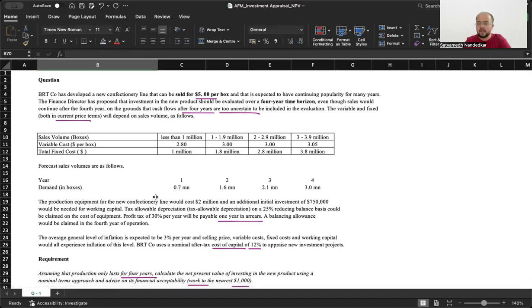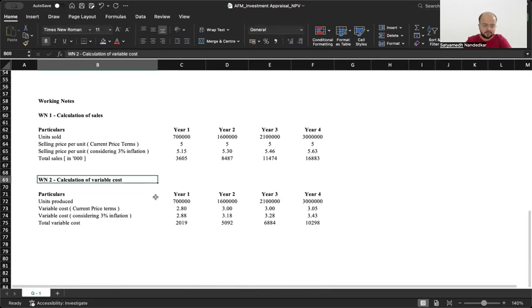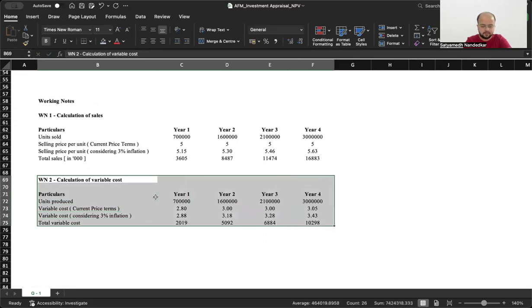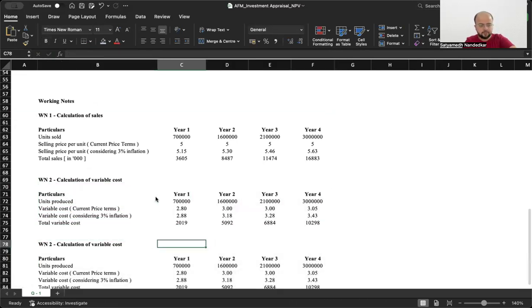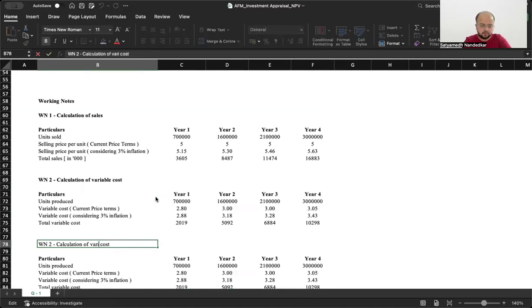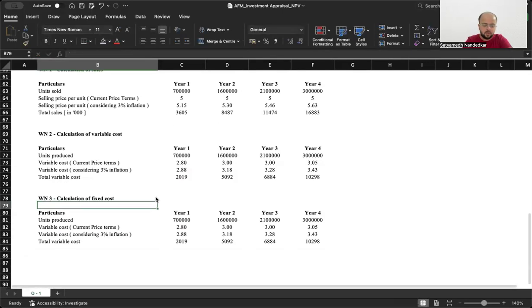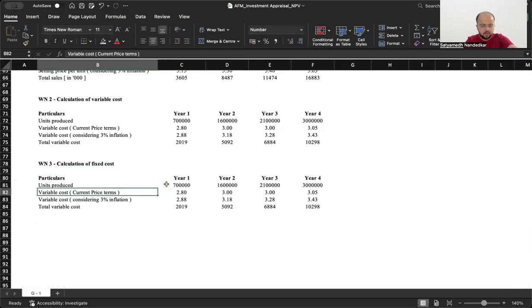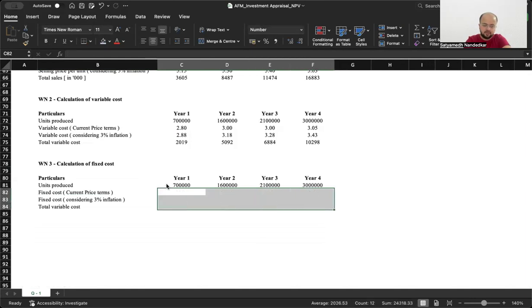Now let us go for the calculation of total fixed cost. Working note 3, calculation of fixed cost. This data also we'll have to take from the question. Fixed cost and everything considering the 3% inflation bit.